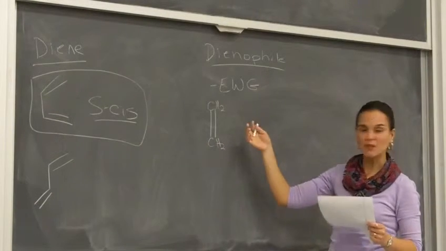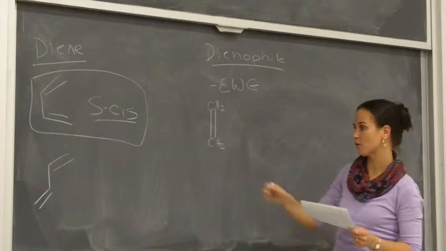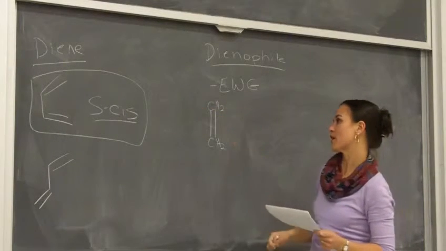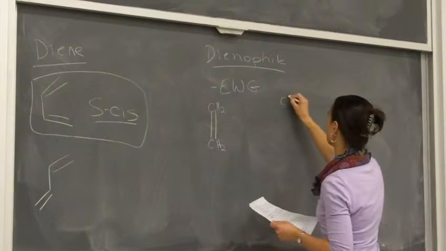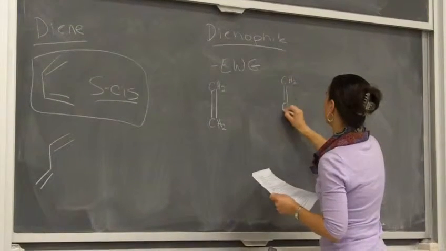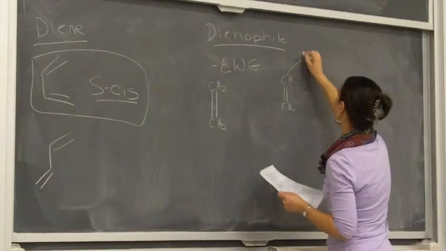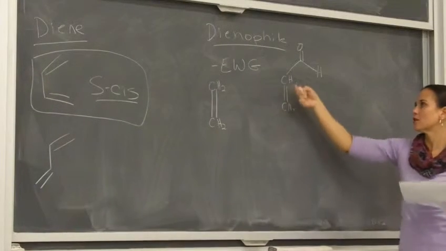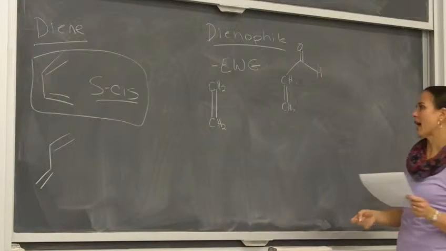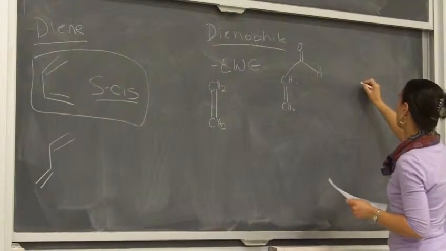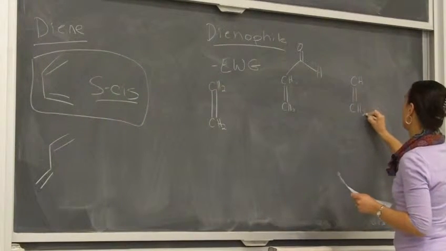It would happen, but it would be really slow. If we put electron withdrawing groups on it so it really wants some of that electron density, it's going to be a lot more reactive. So what we could have is something like this, where we have an aldehyde attached to that ethylene, okay? Or we could make an ester attached.